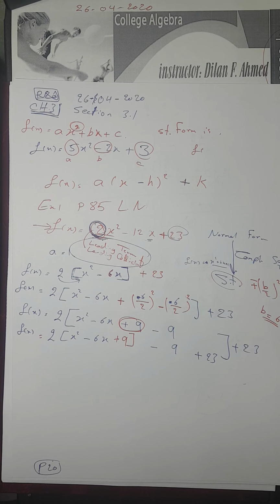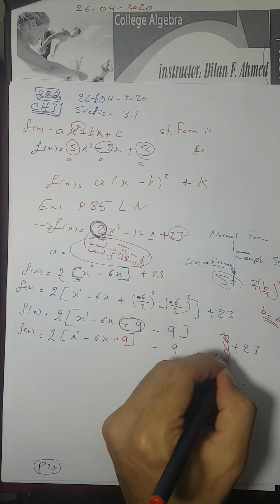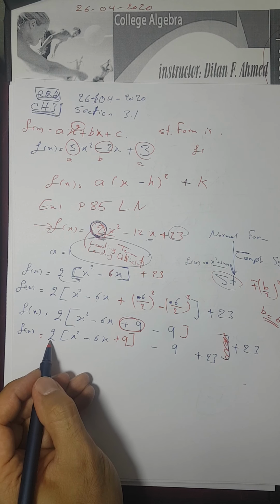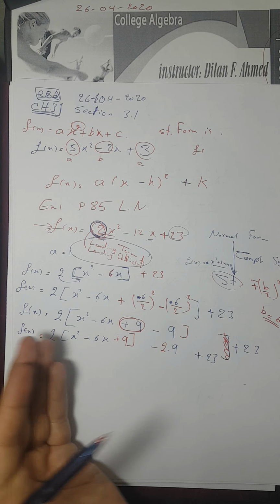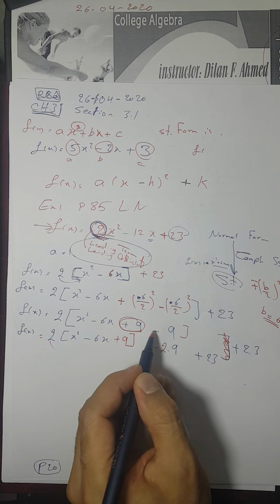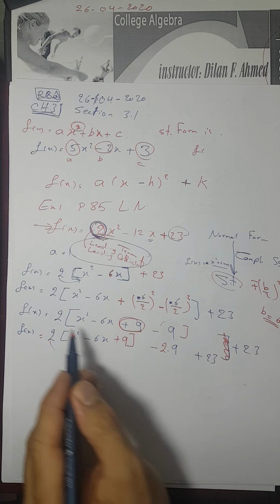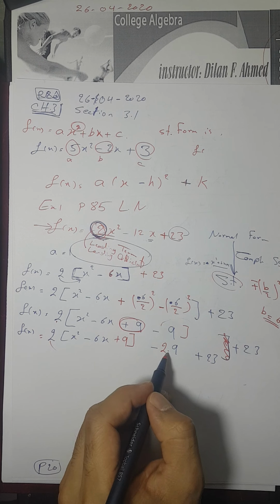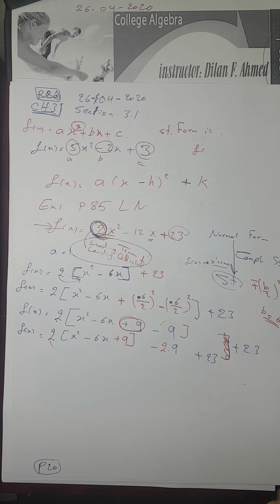If we take the minus 9 out of this bracket, we should multiply it by 2, because the last part of the completing square comes out, but we have a multiplication here. So we say minus 9, but we multiply it by 2.